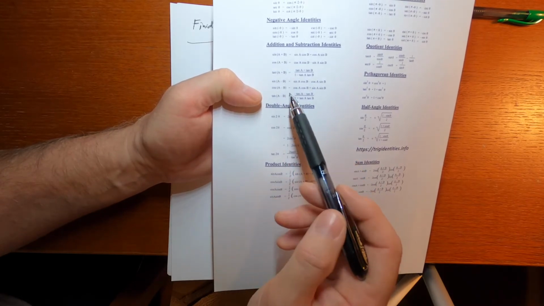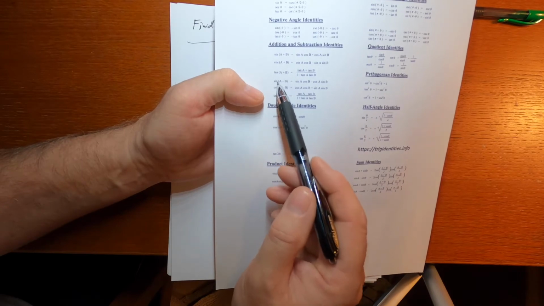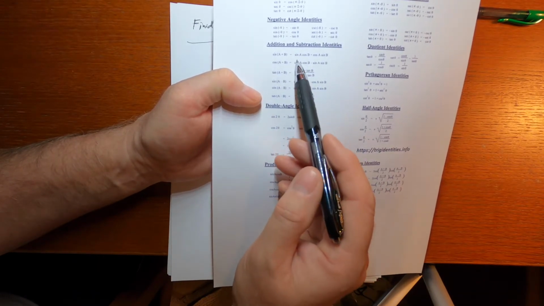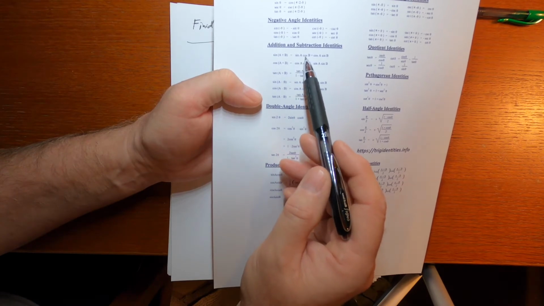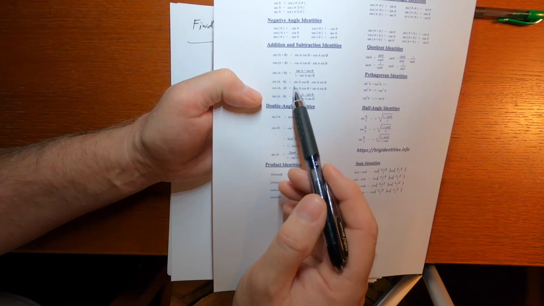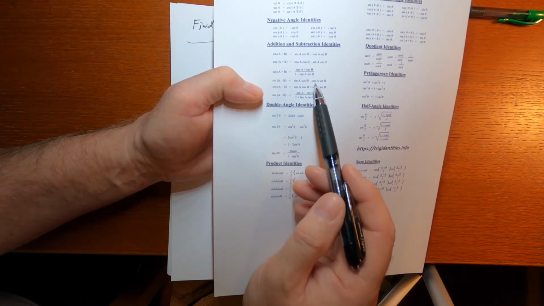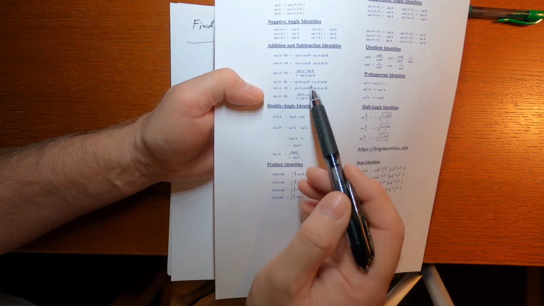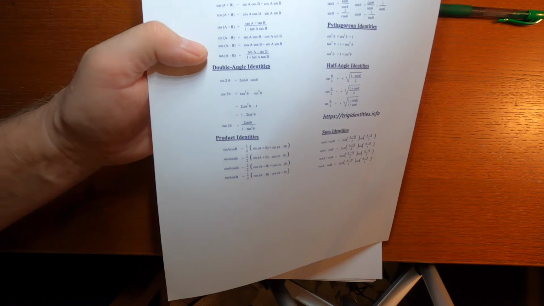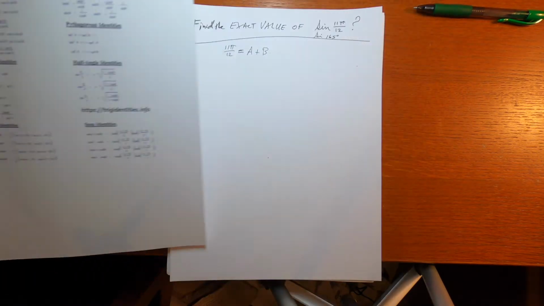That would be one of these identities. So I have the sine A plus B, or I have sine A minus B identity. Okay, so it's sine cosine plus cosine sine, or in this case, the minus would just be sine cosine minus cosine sine. So it's one of those 2 I've got to get the form into, but the A and the B need to be my special angles.